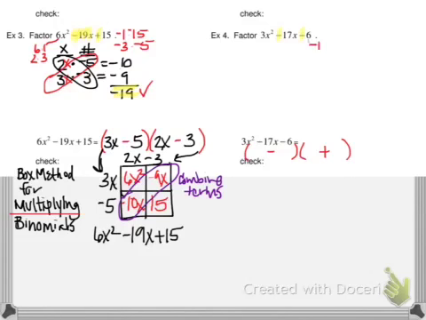Our factors of negative 6 are going to be negative 1 times 6, a negative 6 times a positive 1, a negative 2 times a positive 3, or a negative 3 times a positive 2. My terms of a positive 3 are just 3 times 1. So creating our columns just like we've done before, I'm going to use my factors of 3 and 1, and then for my factors of negative 6, I'm going to pick one that seems most likely.